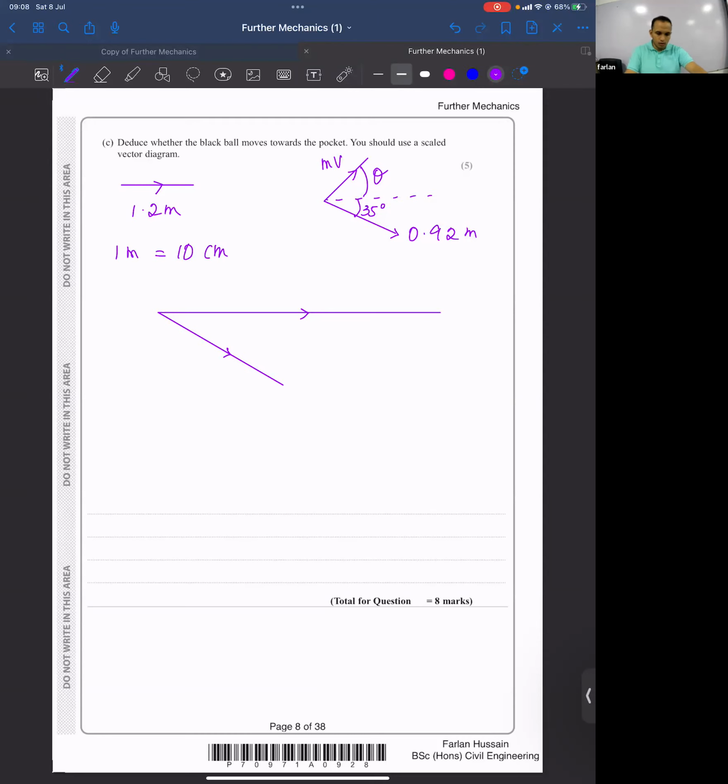So this 1.2 m to the right, we will represent with 12 centimeters. Agree? And this 0.92 m, we will represent it with what? 9.2 centimeters. And this angle has to be 35 degrees.